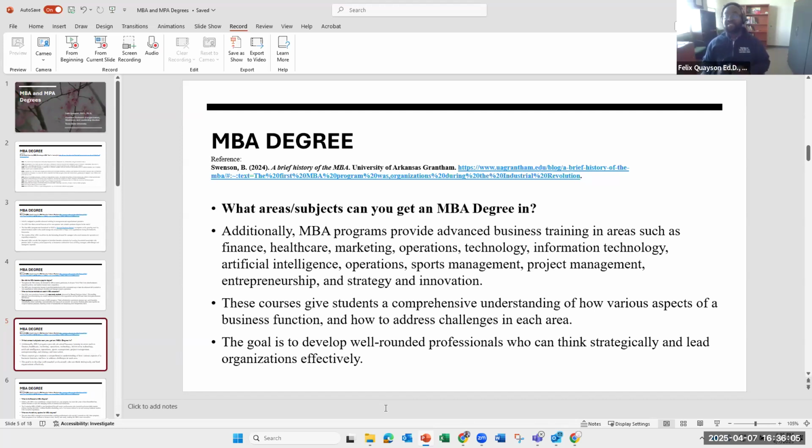You can get an MBA in that, project management, entrepreneurship, and strategy and innovation. So these are some of the subjects that you can get your MBA in. Now, these courses give students a comprehensive understanding of how various aspects of a business function.